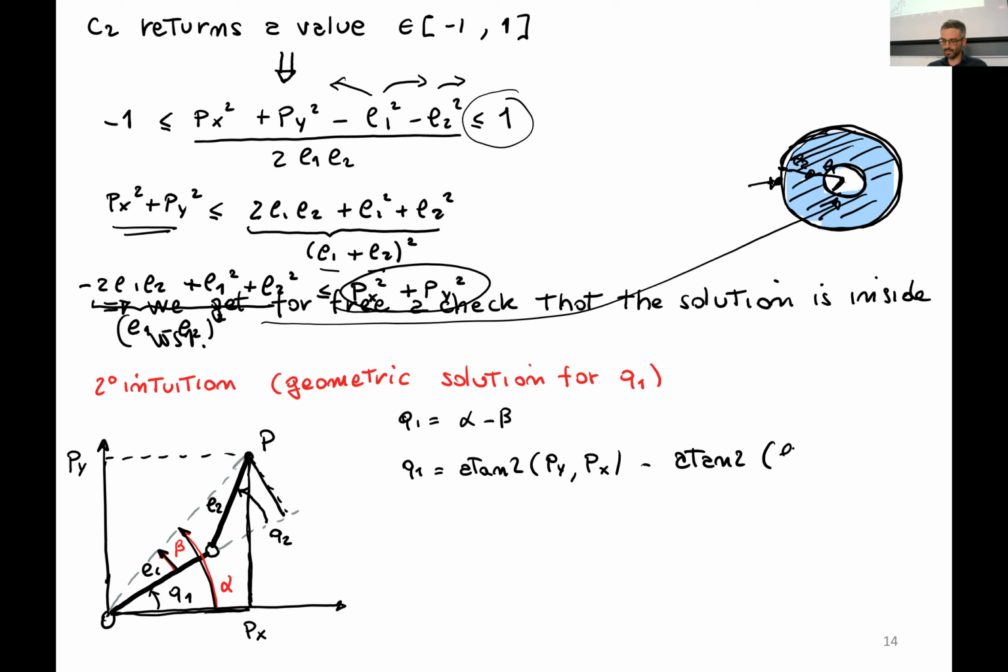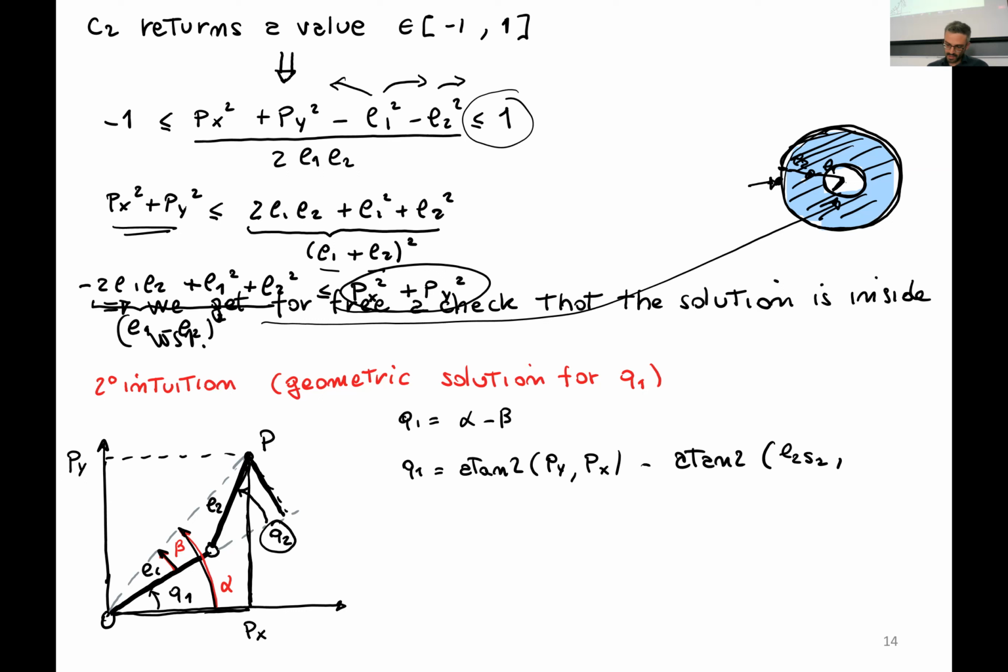L2. Remember, we can use Q2 because we computed it previously. So this is L2 sine of Q2. Perfect. We computed previously, so we have a number for that.